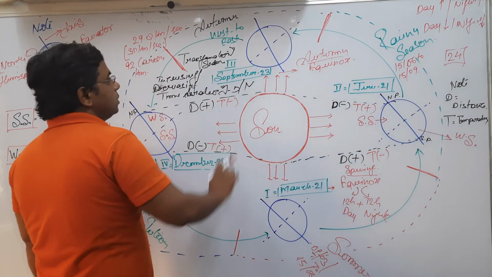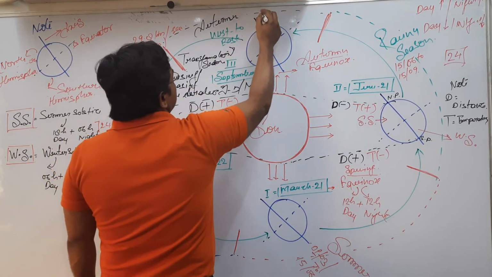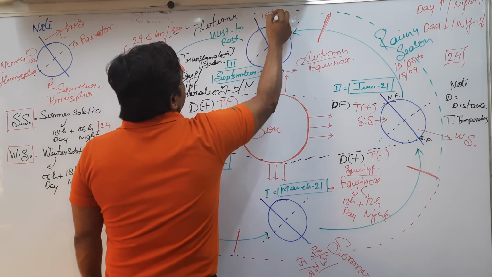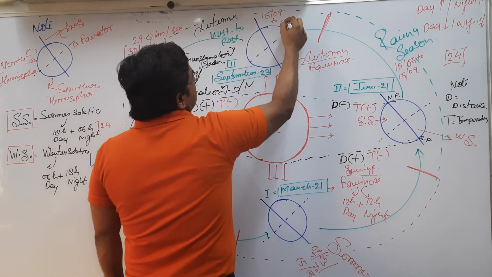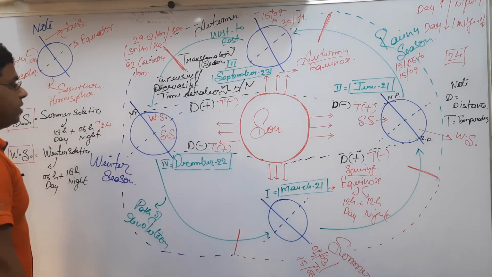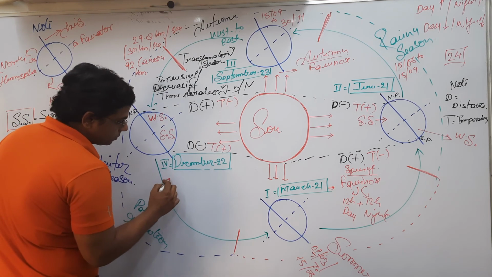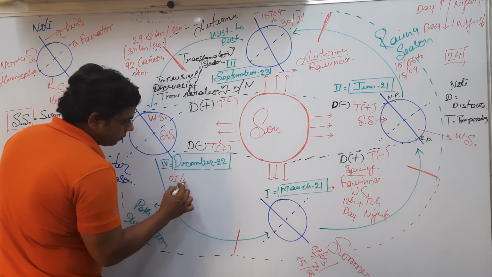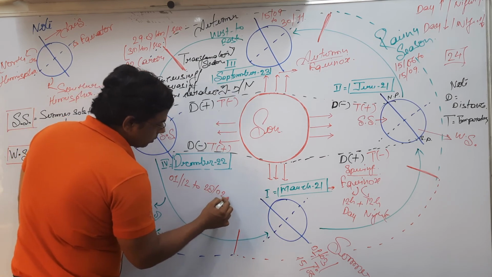Then we have the autumn season, from the 15th of September to the 30th of November. And then we have the winter season, from the 1st of December to the 28th of February.